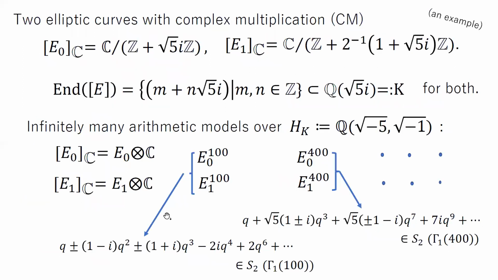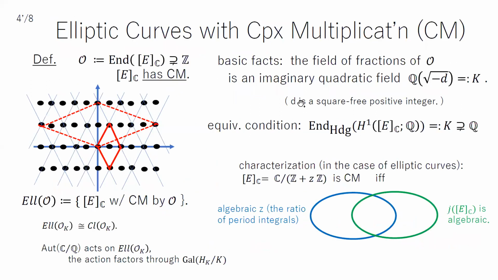I showed you earlier that there are two elliptic curves with complex multiplications which share the same ring of complex multiplications. So we may group together the elliptic curves with complex multiplications when they share the ring of complex multiplications.